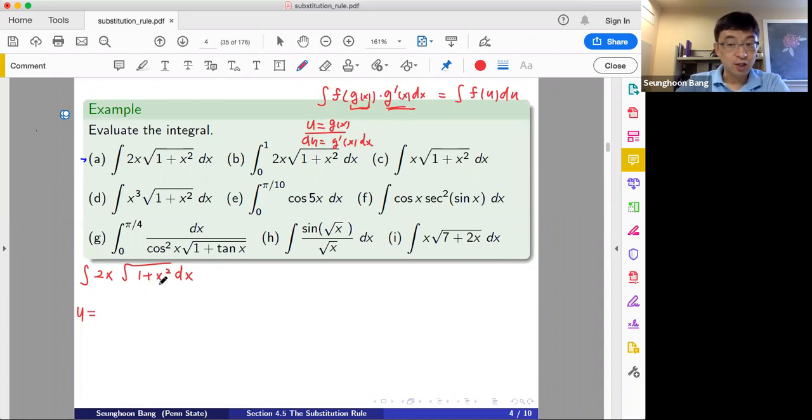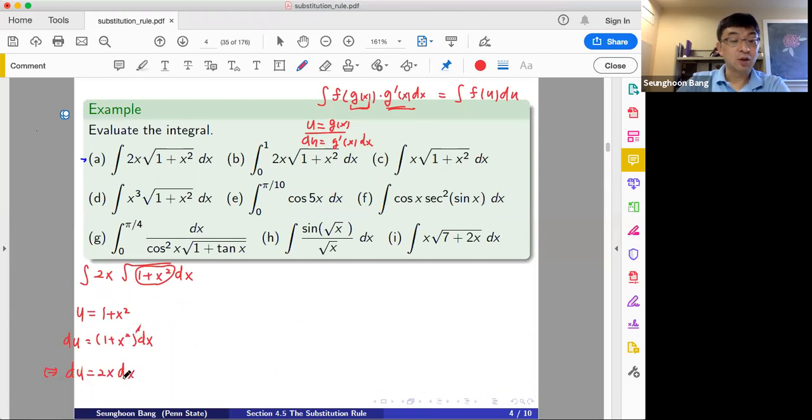The example is without the root, only choosing the inner function, u equals 1 plus x squared. You can find du. The du is the derivative of 1 plus x squared, dx. 1 prime is 0. X squared prime is 2x dx.